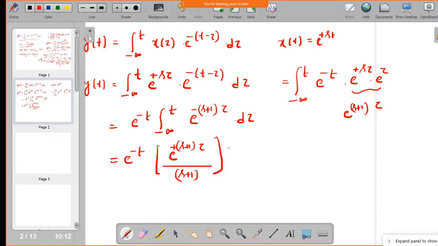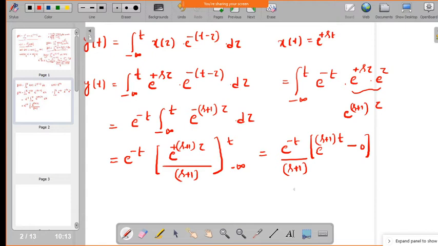Now it is varying from minus infinity to t. If you substitute, you will get e power minus t by s plus 1 times e power s plus 1 into t minus e power minus infinity, and that becomes 0. So this will be the integral.